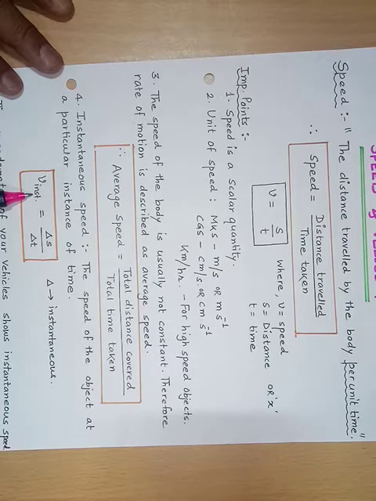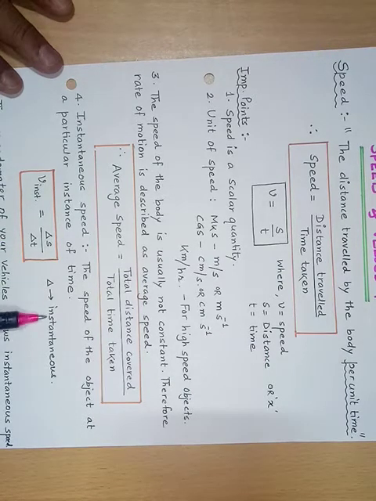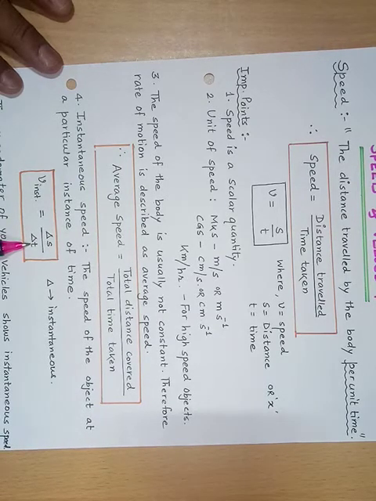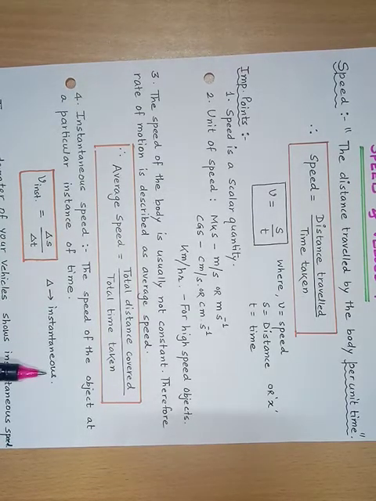So instantaneous speed is represented as delta s divided by delta t, where this particular symbol delta is used to represent that this quantity of distance, and this quantity of time, is instantaneous, at that particular instant of time. So this delta represents that it is instantaneous.